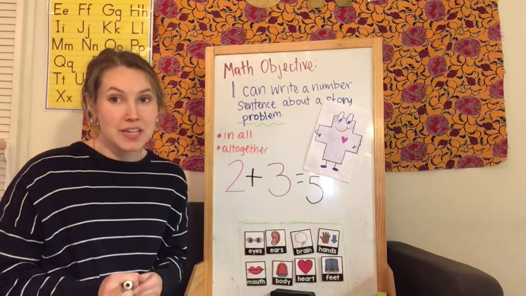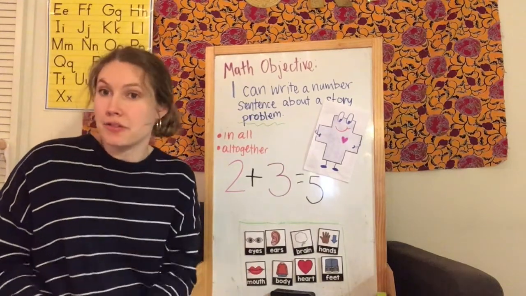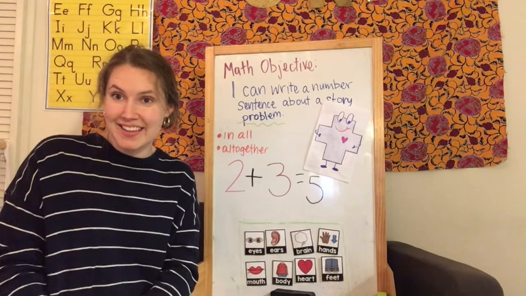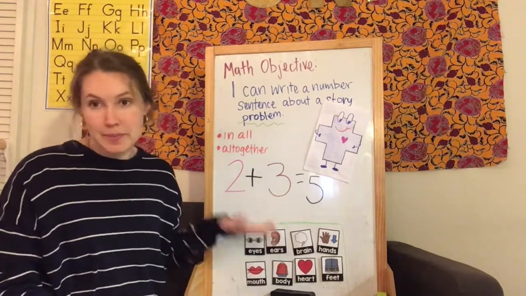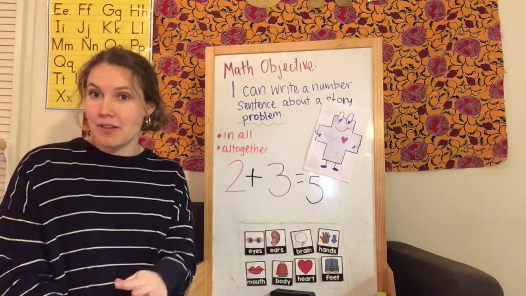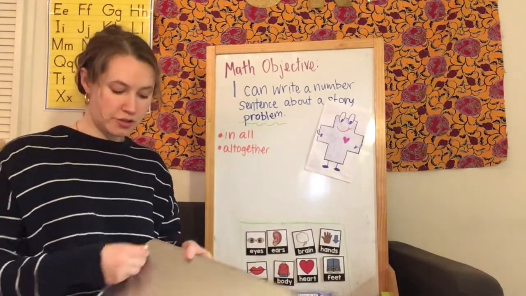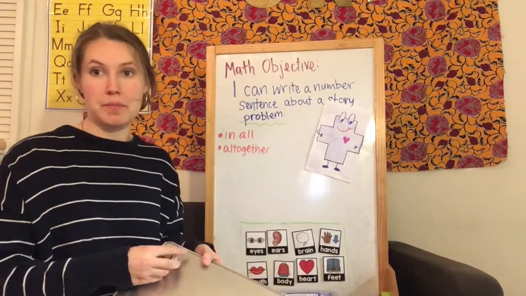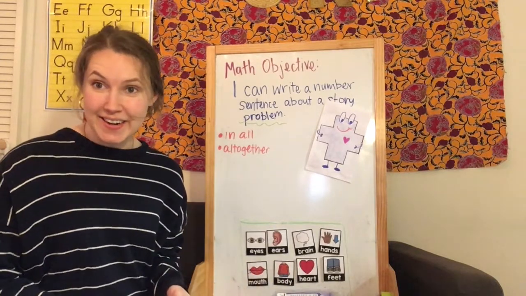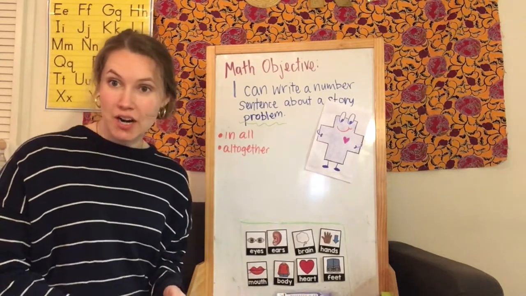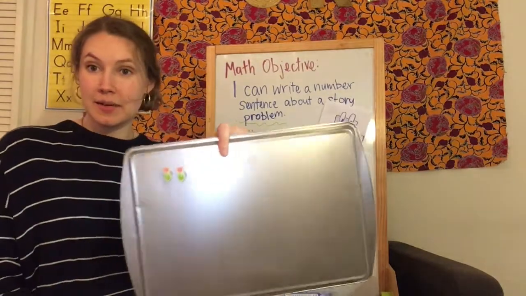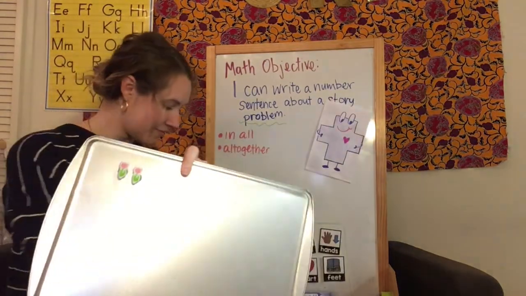So now what I'm going to do is I'm going to set up another story problem for you, okay? Now this time I'm not going to write the number sentence. You guys are going to do it by yourself, and I'm not going to tell you the answer. Okay, so here's our new story problem. So on Easter, there was a garden, and in the garden, there were 2 flowers.